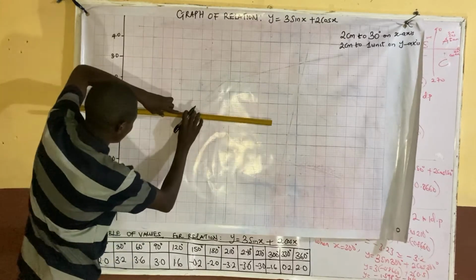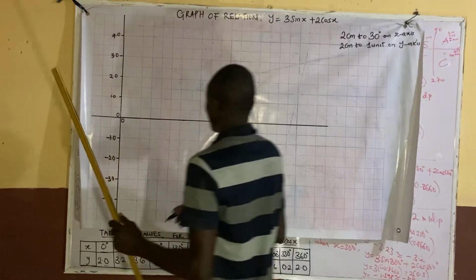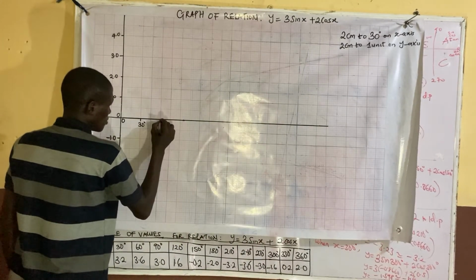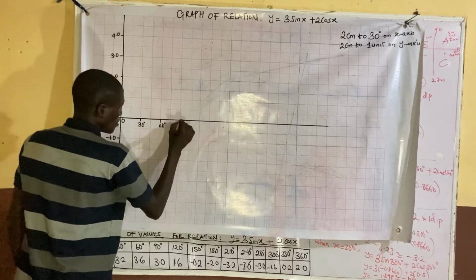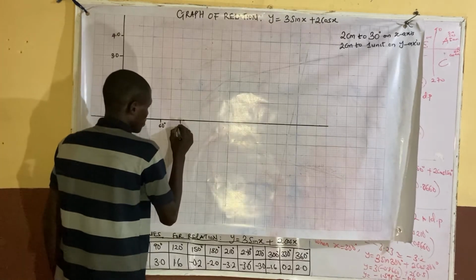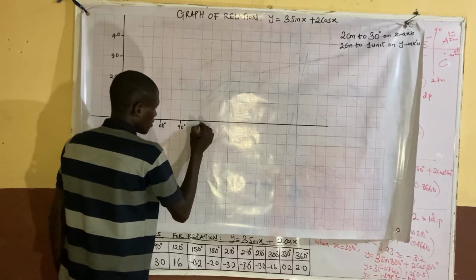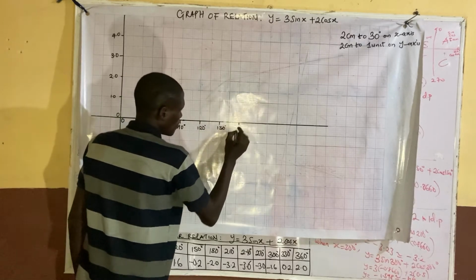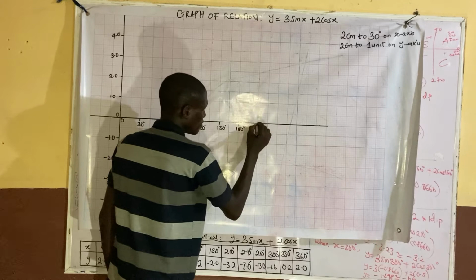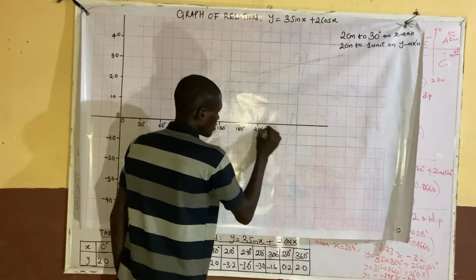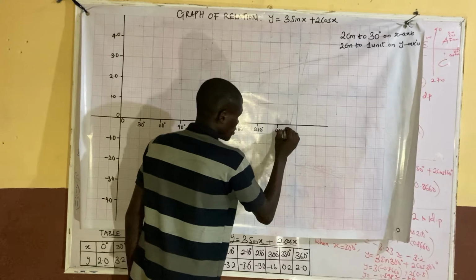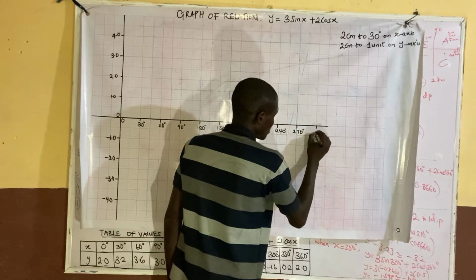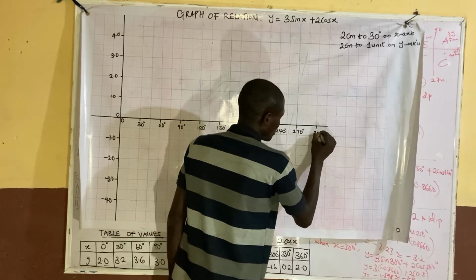So let's label this one. For every 2 cm there is 30 degrees here. This is 60 degrees, 90 degrees, 120 degrees, 150 degrees, 180 degrees, 210 degrees, 240 degrees, 270 degrees, which you are going to extend this line. 300 degrees.